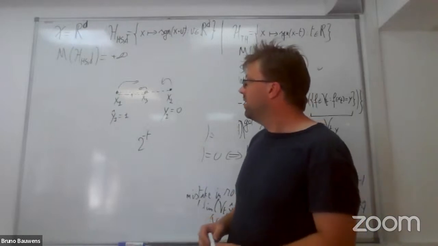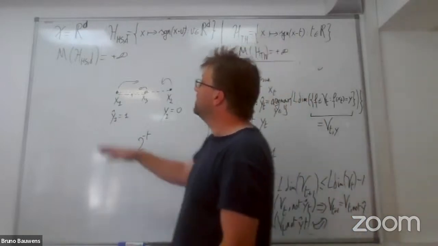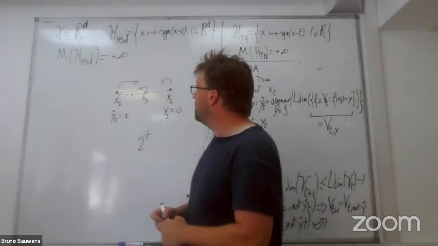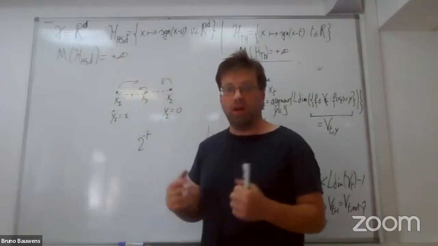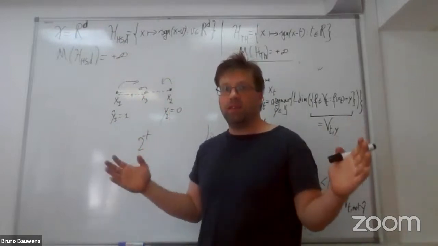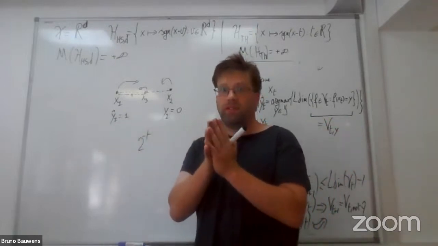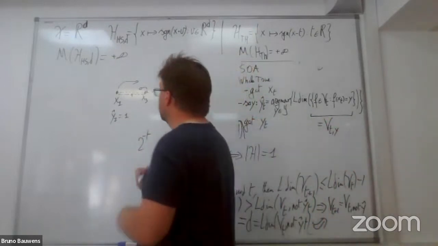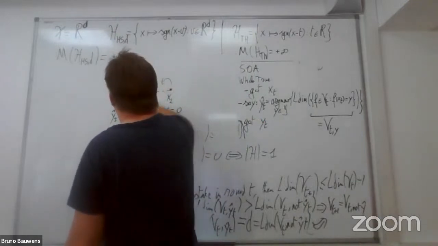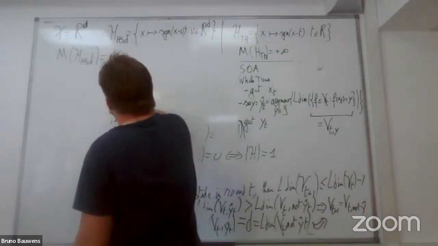Okay. But we can still deal with this. Our plan will be to create a promise. Challenger cannot ask about inputs that are too close to the threshold. So, for example, let's make a new picture.